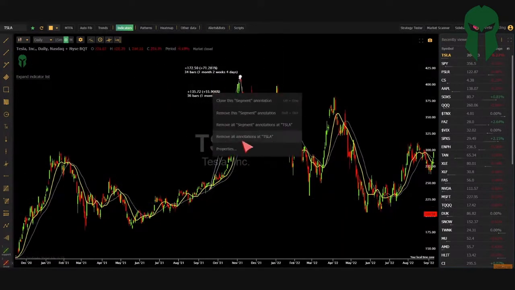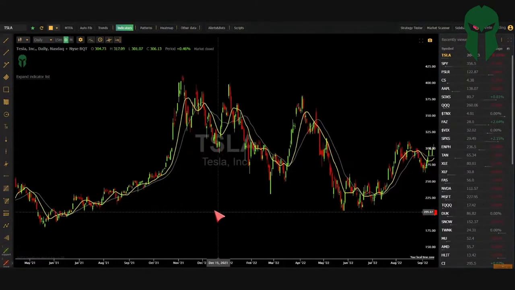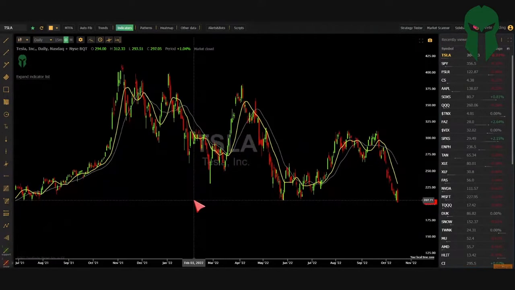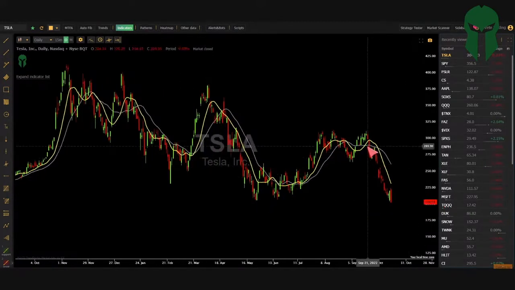So the goal here is not to convince yourself that you can predict what the market's going to do. The goal here is to stay in a trend and follow the trend. There are nuances to this, but I'm going to give you a really good example, okay? Here we are, right? Broke the 10. We know that already.